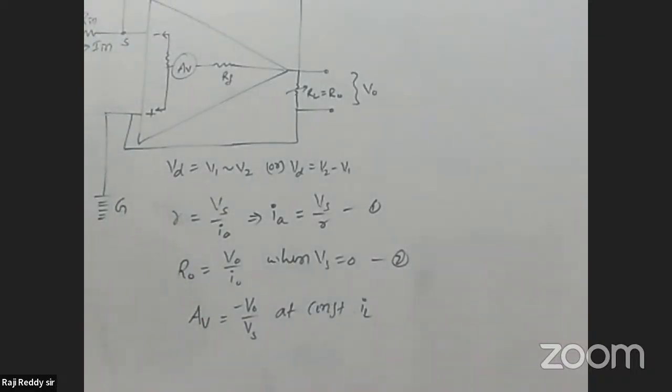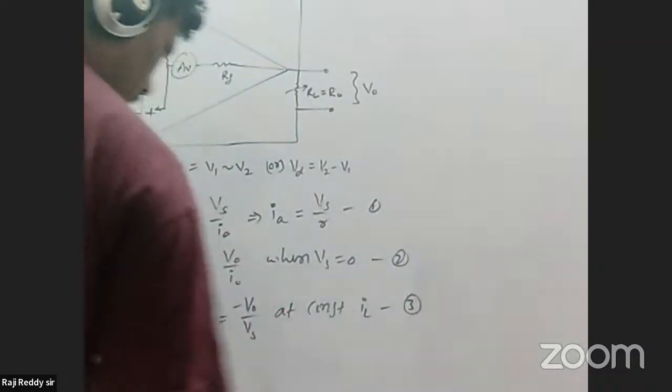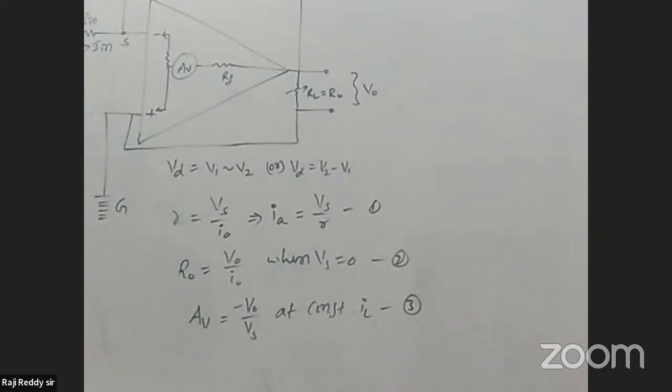You can consider this as point number 3. Next is the voltage loop gain. We can assume the loop gain G is equal to minus V naught by V in.